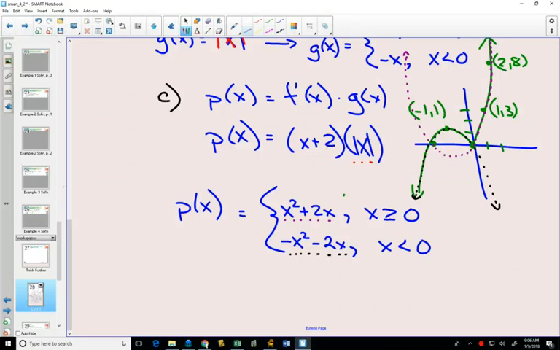So if I only took part of this parabola when x is bigger than 0, and part of this parabola when x is less than 0, that gives us our final graph and explains a little bit why it's so sharp at that point.